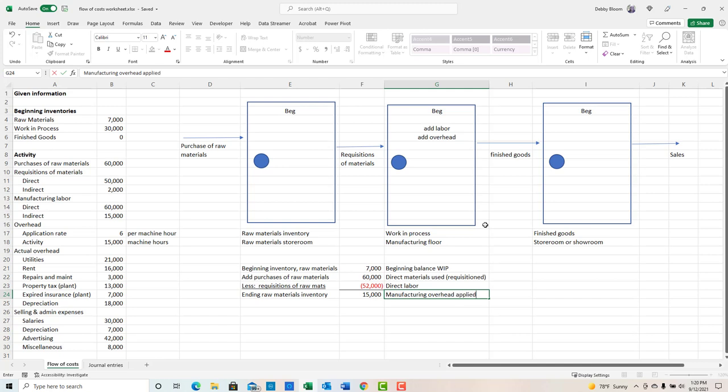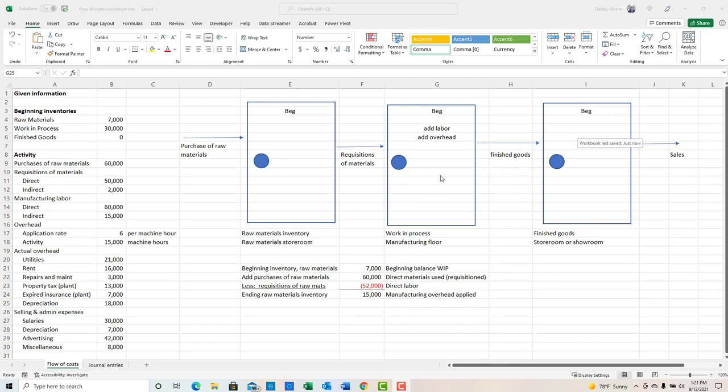Once we have all of those, when we add our direct materials, direct labor, and our manufacturing overhead to our beginning balance in work in process, we're going to have our total manufacturing costs. As you can see from the graphic above, from our work in process, we're going to subtract the goods that are finished.